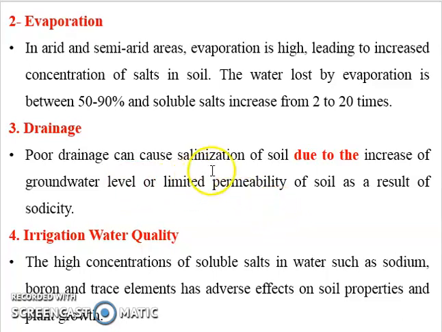Poor drainage causes salinization as the groundwater approaches the surface, and the water is carried by capillary action, especially if the groundwater is in a clay soil. Through capillary action, the water reaches the surface. The water evaporates while the salt accumulates on the surface or on the top of the soil profile.